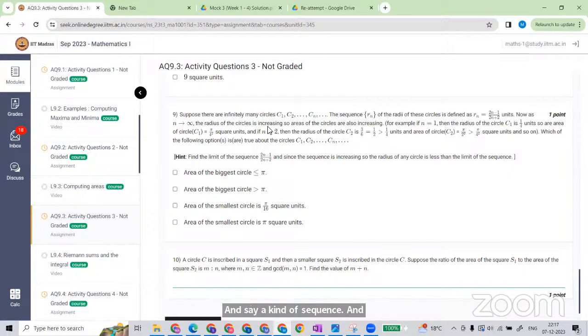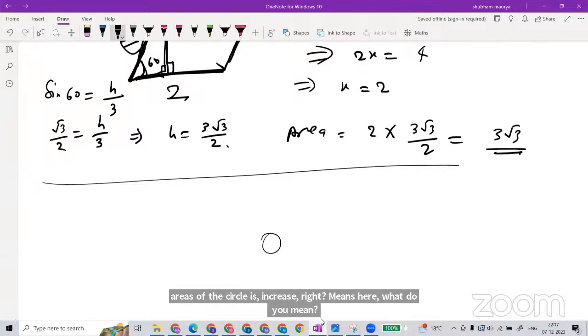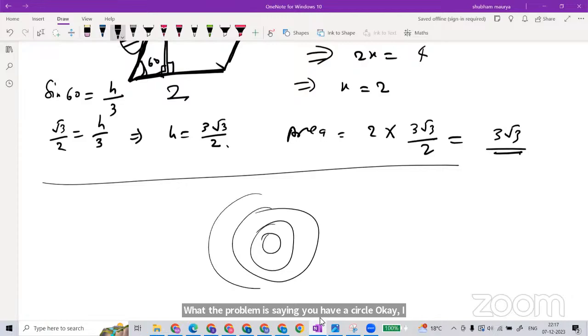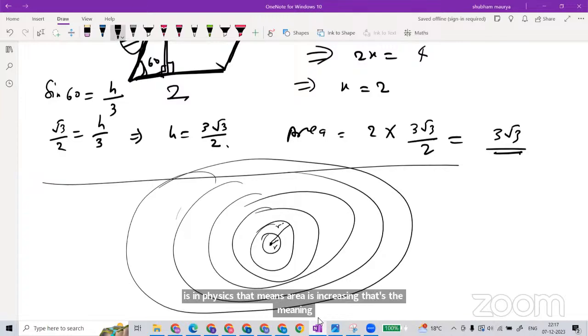Radius of a circle is increasing, so the area of the circle is also increasing, right? Means here the problem is saying you have a circle, and each time the radius is increasing, means circle is increasing, that means area is increasing. That's the meaning here. This is R1, then this is R2, this is R3, this is R4. Okay, this is the meaning of this problem.